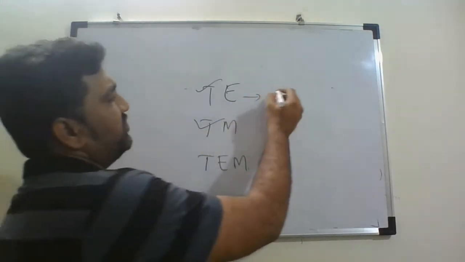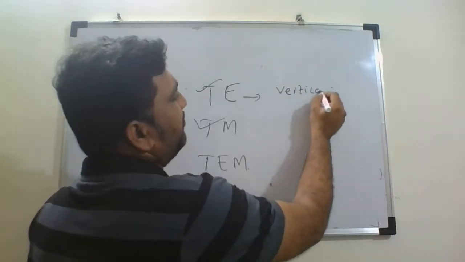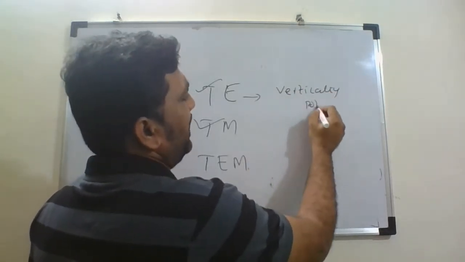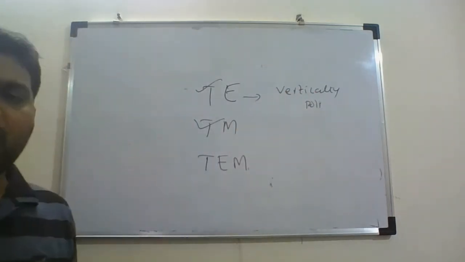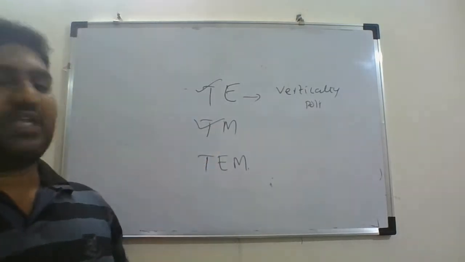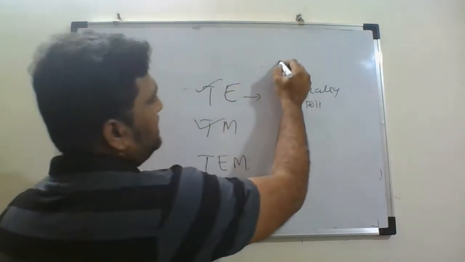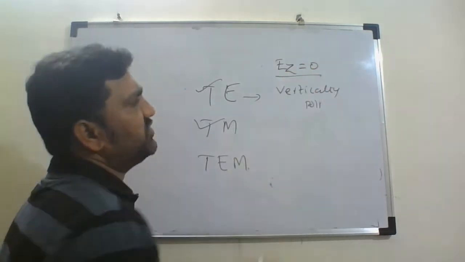We get a transverse electric wave whenever the electromagnetic wave is vertically polarized. When I have a vertical polarization for the EM wave, the wave will propagate in the transverse electric mode, and in this case the electric field will only have a transverse component.